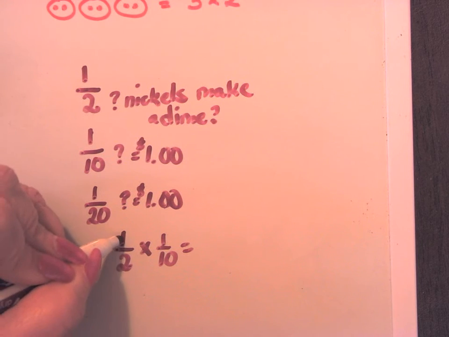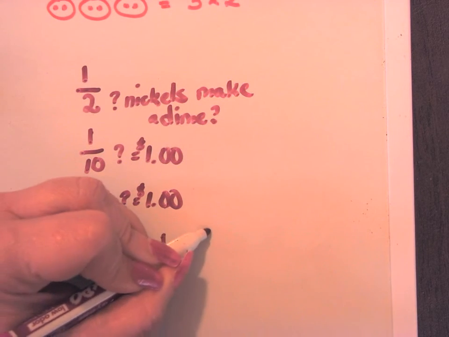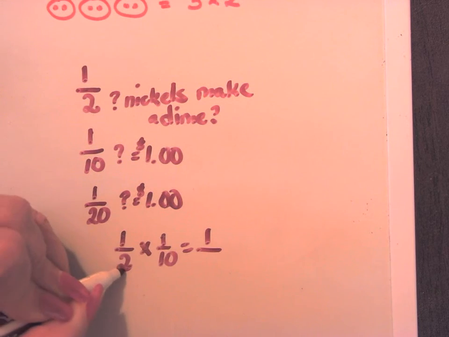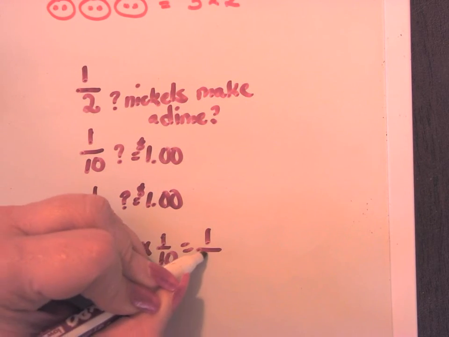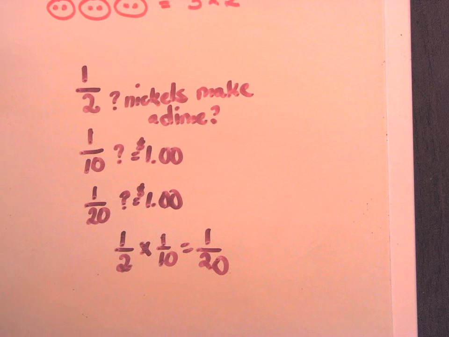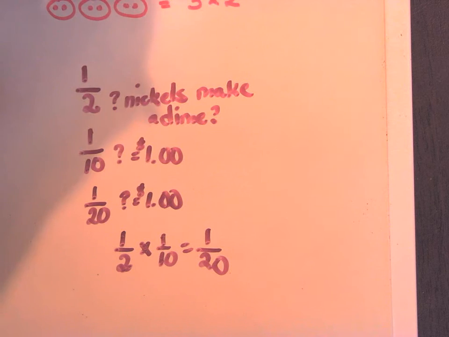So I multiply across. 1 times 1 is 1, and then 2 times 10 is 20. And that gives me 1/20. So 1/2 of 1/10 is 1/20. Okay, that's how we do that all the time.